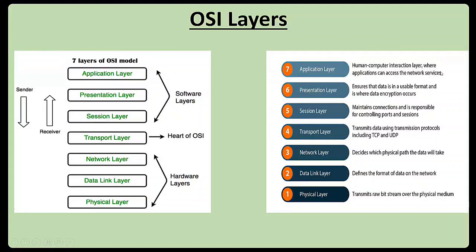So if your network is available, then only your application is able to access it. You are only able to access your application once you have network connectivity. That is the application layer, the top layer.